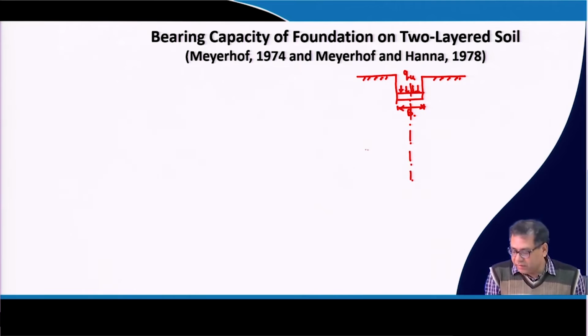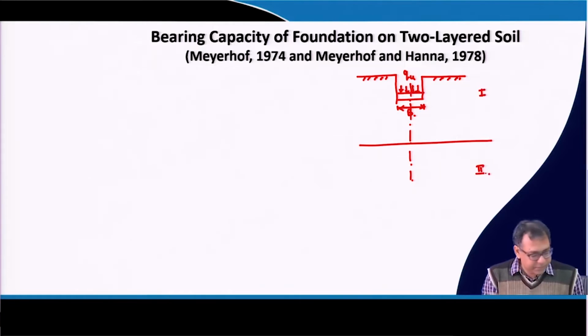Now, we have two layers. This is my layer 1 and this is layer 2. In the first case I will discuss, the first layer is stronger and the second layer is weaker. In the next case, I will discuss the second layer is stronger and the first layer is weaker.